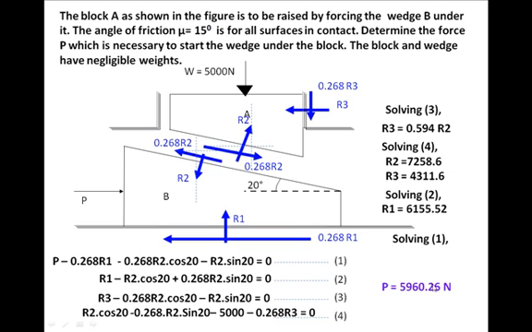So 5960 N of force is needed. Mind you, in comparison with 5000, though this number is equivalent in value, driving it horizontally is much easier than trying to lift something in a vertical direction. That's why these applications are of practical importance. Thank you.